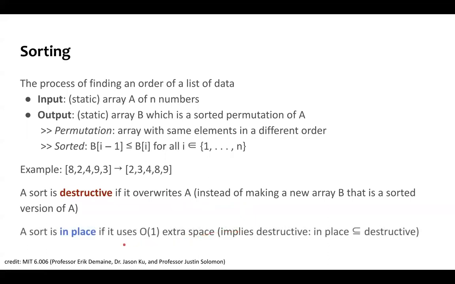And a sorting algorithm is called in place if it uses O(1) extra space, which implies it is destructive. So rather than creating a new array B and making a sorted version of A, we just change the content or the order of items inside A. So in this case, we call this sorting algorithm in place, all right?